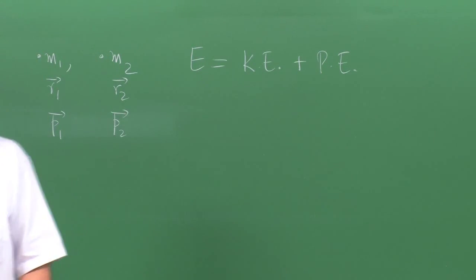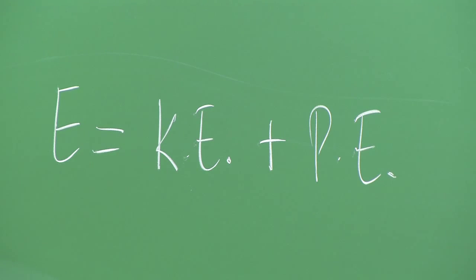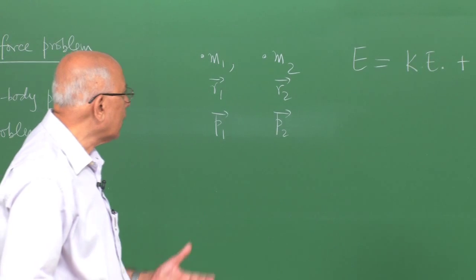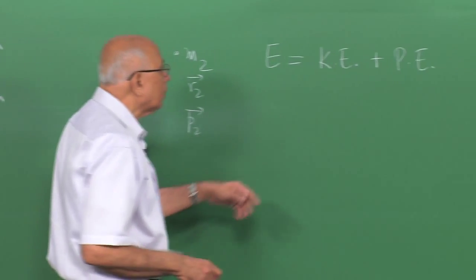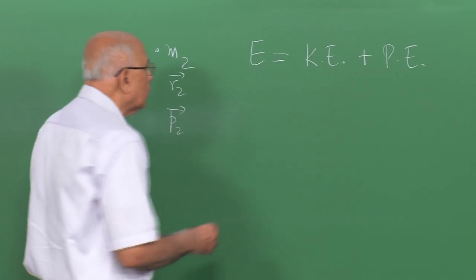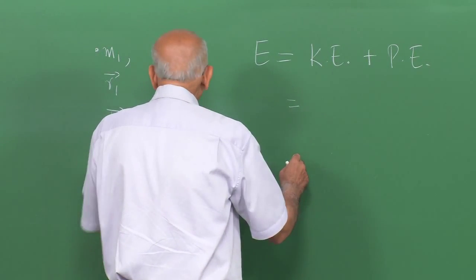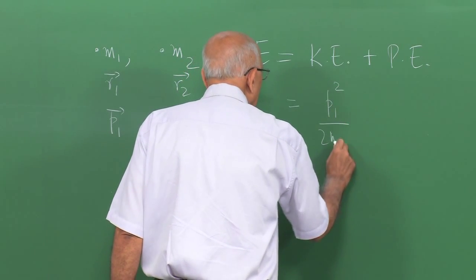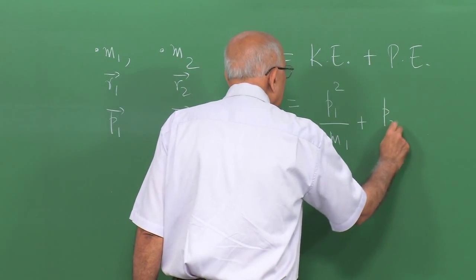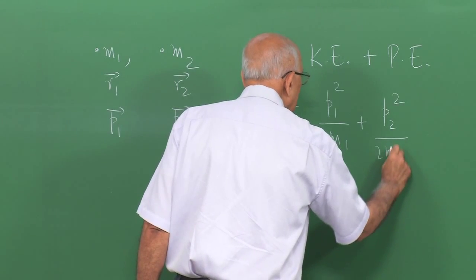And we believe that because time is homogeneous, there is nothing to specify what the origin of time is one way or another, we can prove that the total energy is a constant of the motion, and this is given by the sum of kinetic energies. So, it is p1 squared over twice m1 plus p2 squared over twice m2.